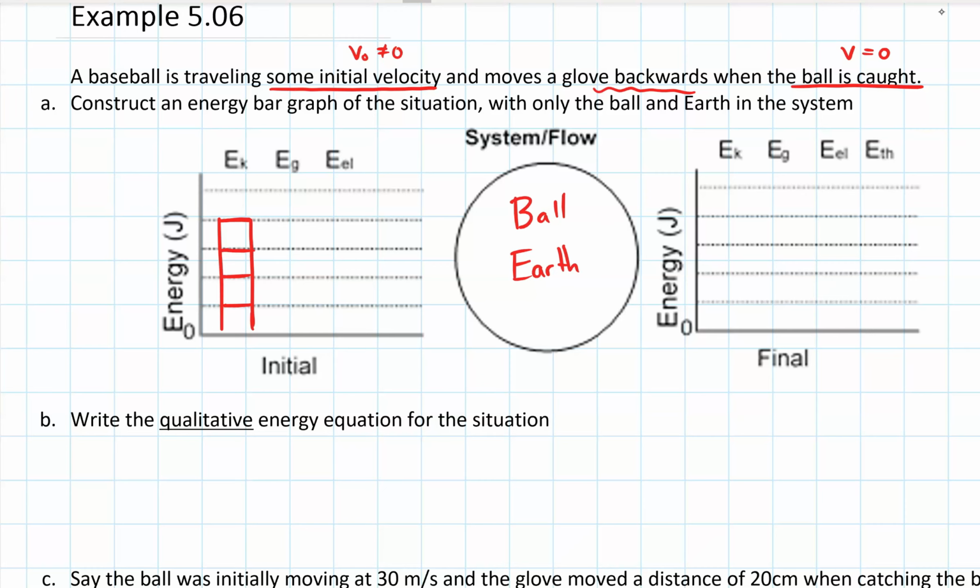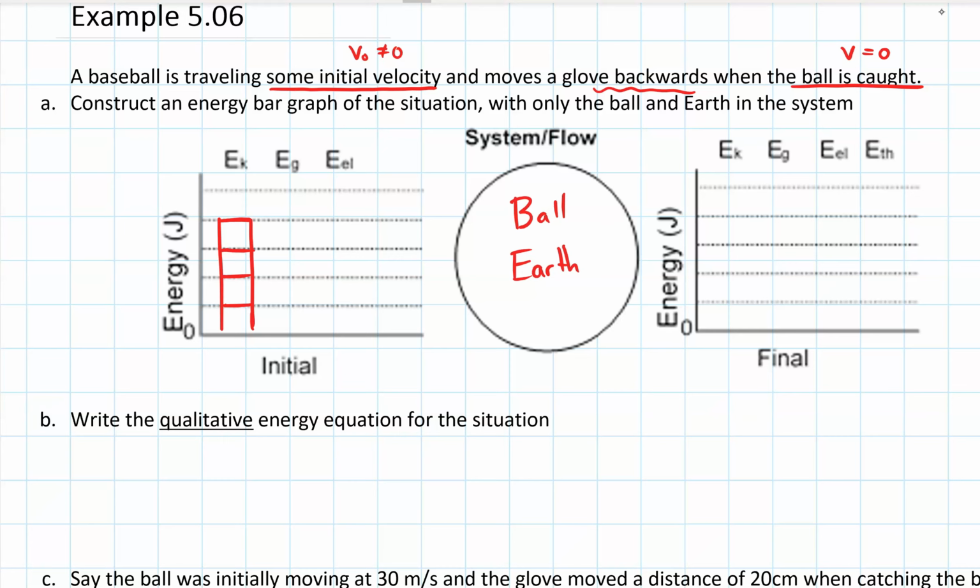Normally we include the earth in our system if we're worried about gravitational potential energy, but if a ball is flying horizontally, it's not changing height. So we don't get anything from including gravitational potential energy because there's no change in it. So this is pretty much it on the initial side.